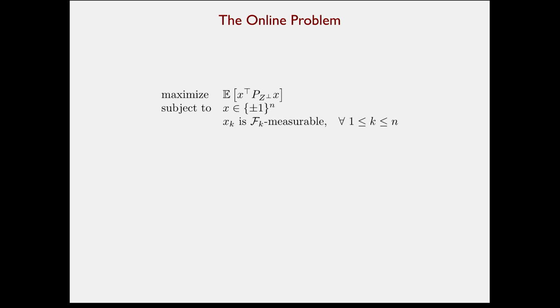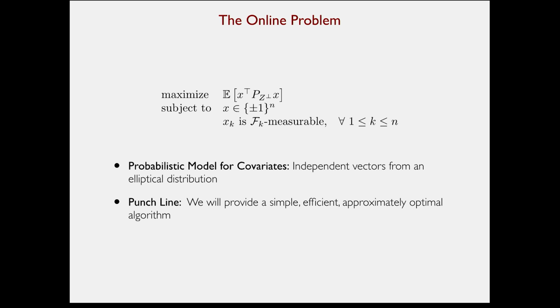It's very hard to make any meaningful progress on this problem without assuming a distribution for z. So for what I'm going to talk about next, I'm going to assume that each of these z's are independent vectors from an elliptical distribution. Basically all I need is spherical symmetry.